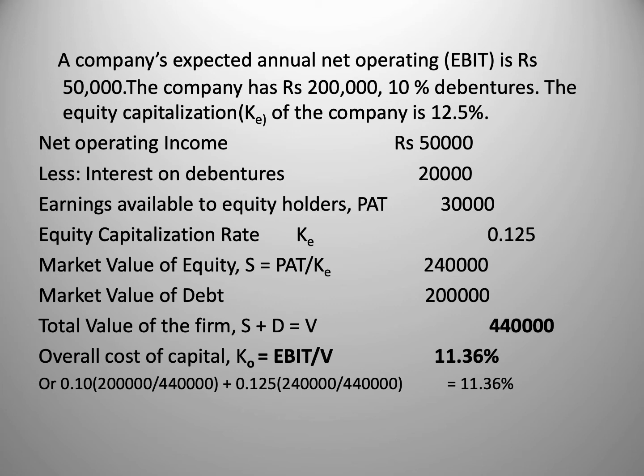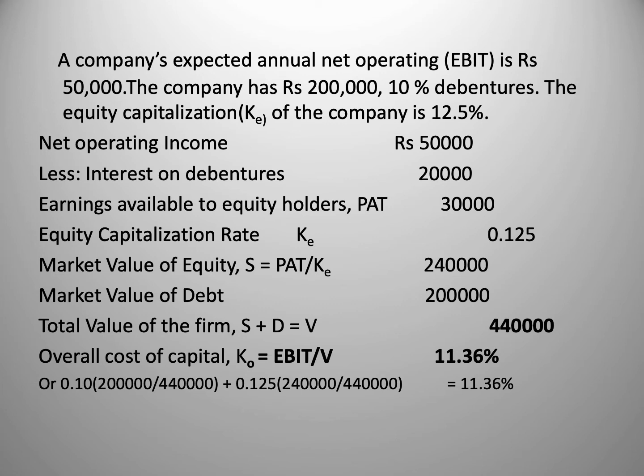See, net operating income is rupees 50,000, that is given. Net operating income means your EBIT, earnings before interest and taxes. So first we will deduct the interest, right? What is the amount of interest on rupees 2 lakh? It is 10% interest, so 20,000 will be the amount of interest.